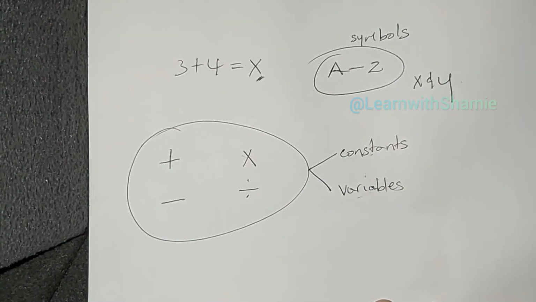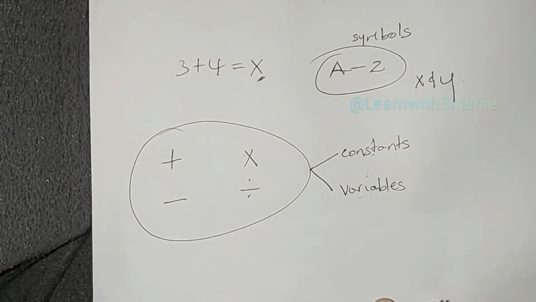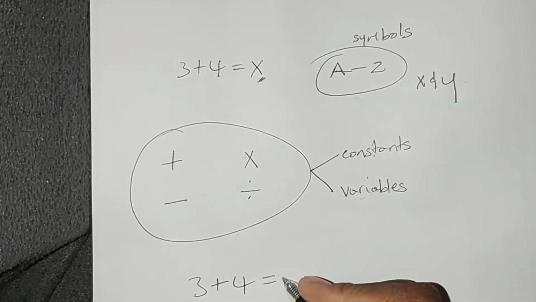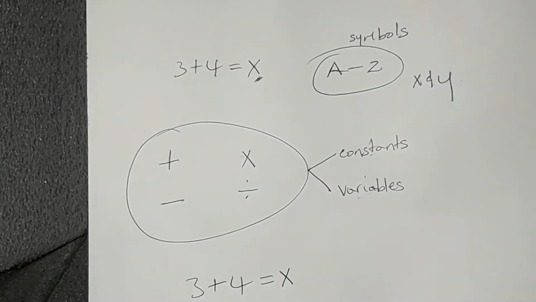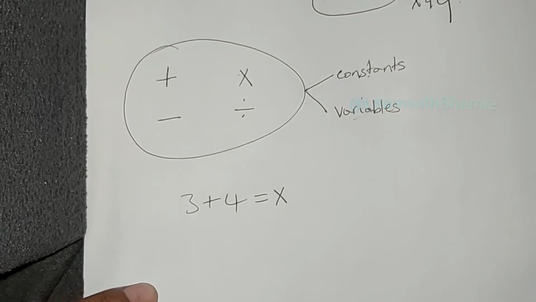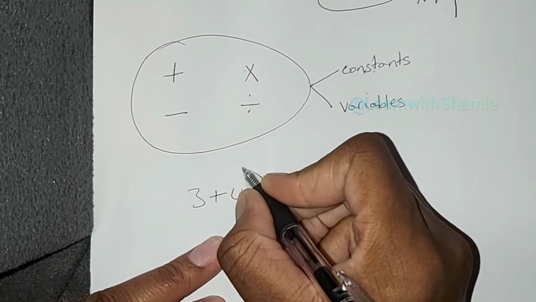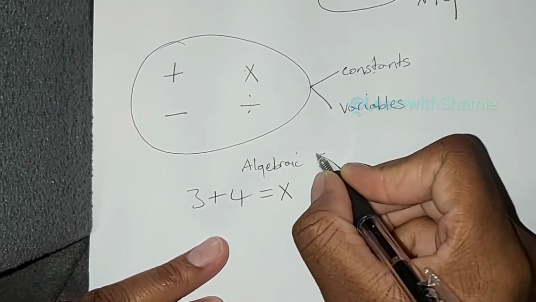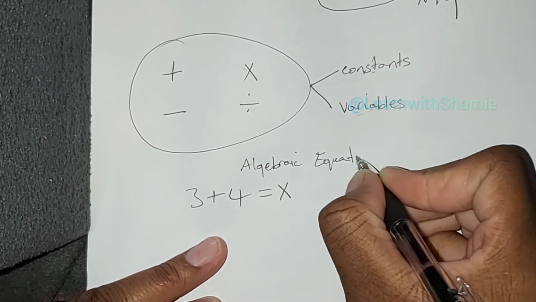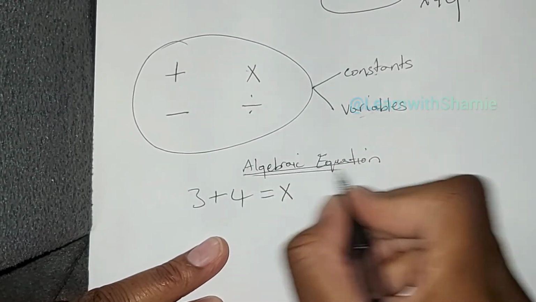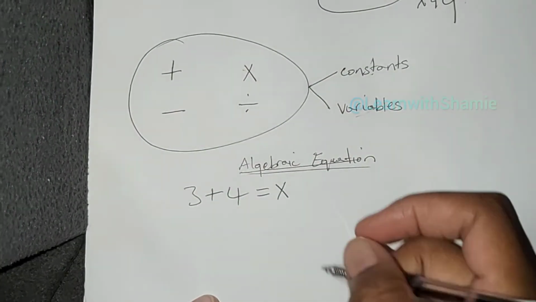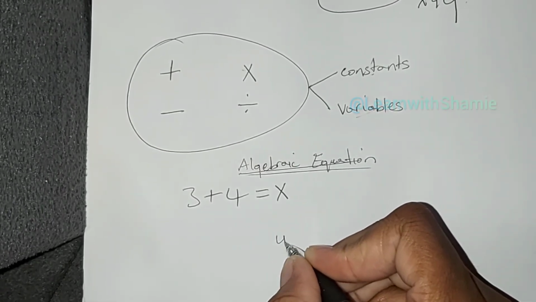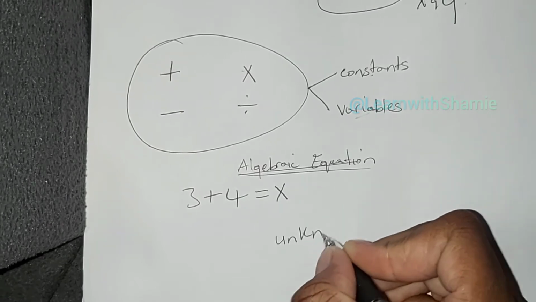Let's take a look at the equation that was shown earlier. 3 plus 4 is equal to x. This equation is known as an algebraic equation. A very important thing about algebra is that it introduces a new element, which is the unknown.